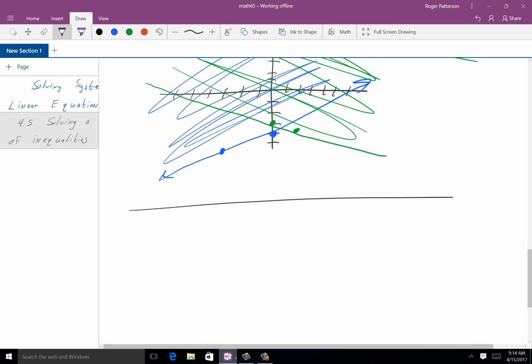So let's do one more. And let's see. It looks like most of these are pretty much solved for you already. That's kind of nice.